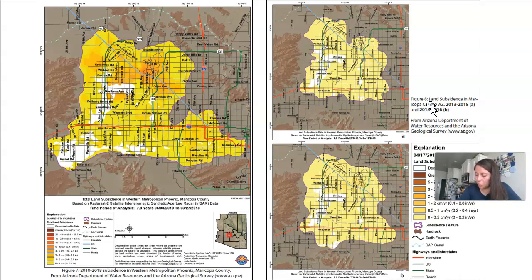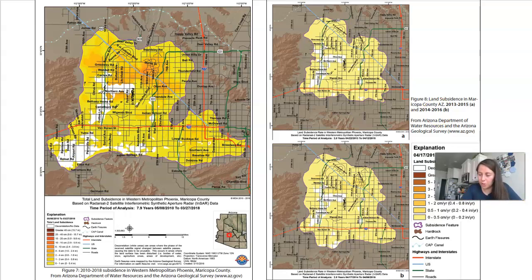Question 25 is also a multiple answer question. What other surface features might you expect to see in this area that suggests land subsidence? So you should be thinking about the concepts that we saw in lecture. What can you see in the ground that may suggest that there is land subsidence? Okay, so I'll leave it up to you.